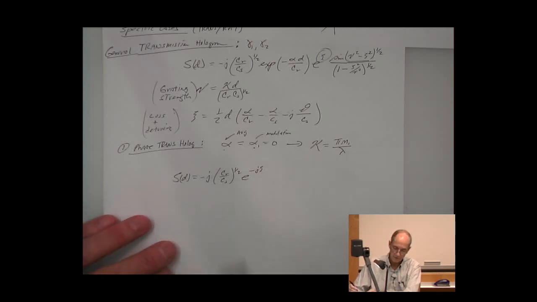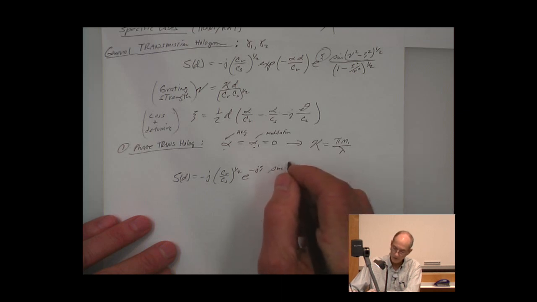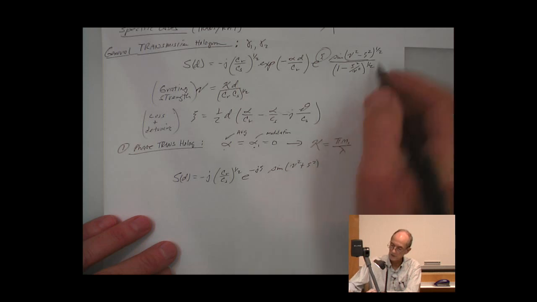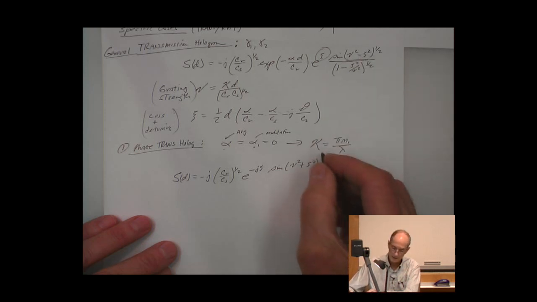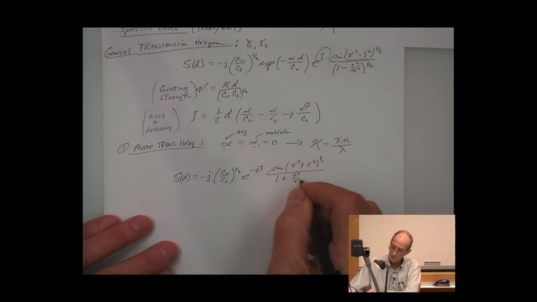Well, the reason we have a minus j, I'll explain in a minute. Let me write the rest of it, because some other things change too. And then we have sine of the square root of nu squared plus chi squared. So notice here it was a minus, and now it's a plus. Why did that happen? Well, we'll see. Over 1 plus chi squared over nu squared to the 1/2.